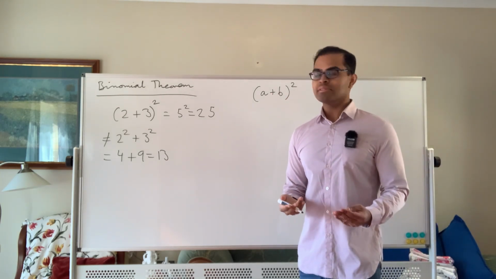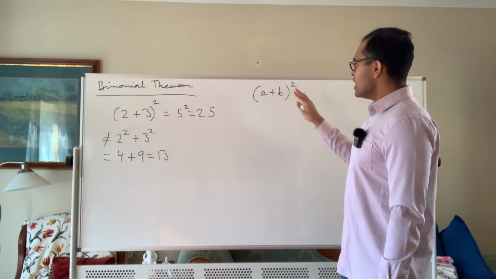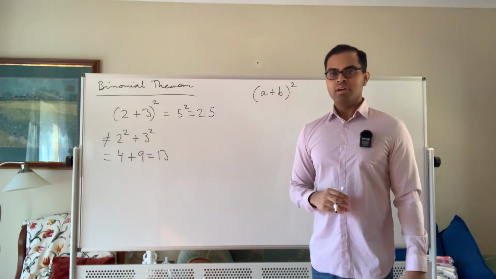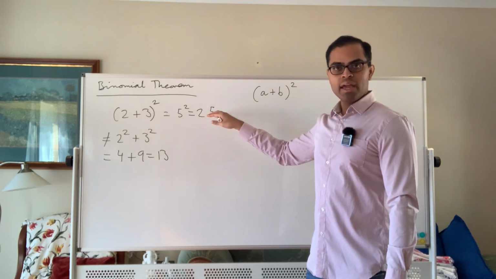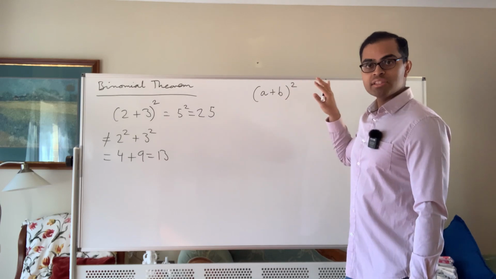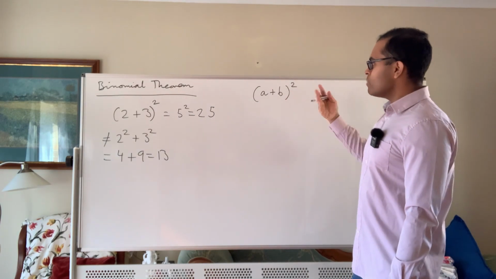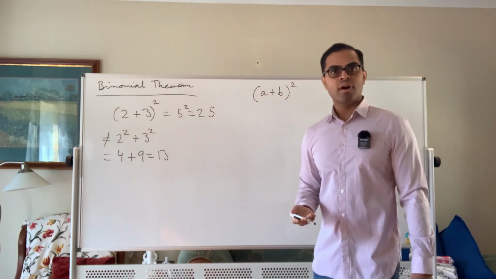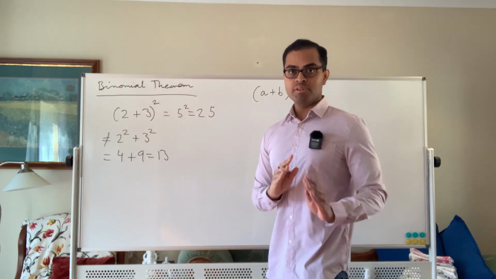They are variables. And I want a formula for a plus b the whole squared in terms of a and b. Here, of course, we could have just added 2 and 3 and found the square that way. But now I want a formula directly in terms of a and b that works always, no matter what a and b are, and that starts off by saying a squared plus b squared plus something in terms of a and b. Okay, so that's what the binomial theorem is doing.